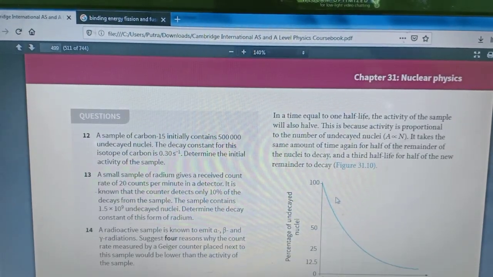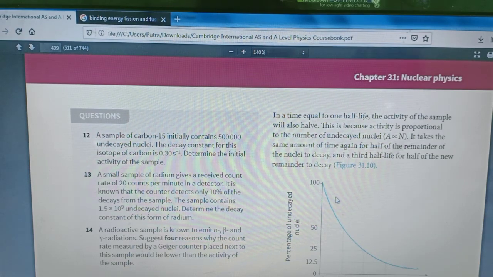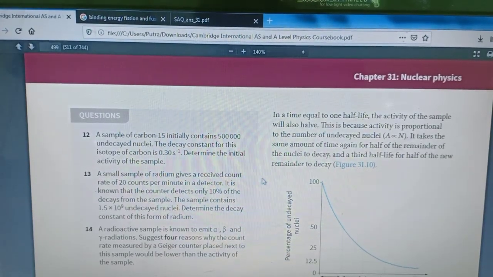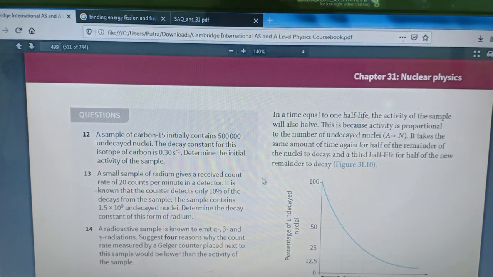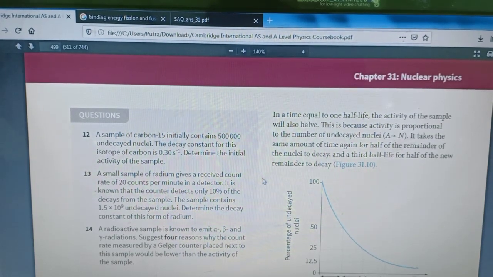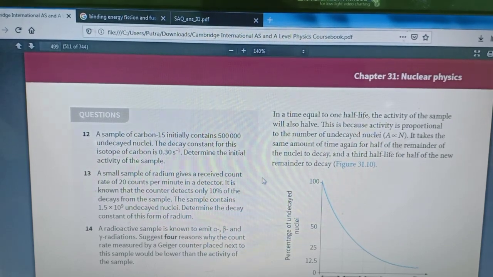Now you see questions number 12, 13, and 14. Number 12: a sample of carbon-15 initially contains 500,000 undecayed nuclei. So that is the N. The decay constant for this isotope of carbon is 0.3 per second. Determine the initial activity of the sample.